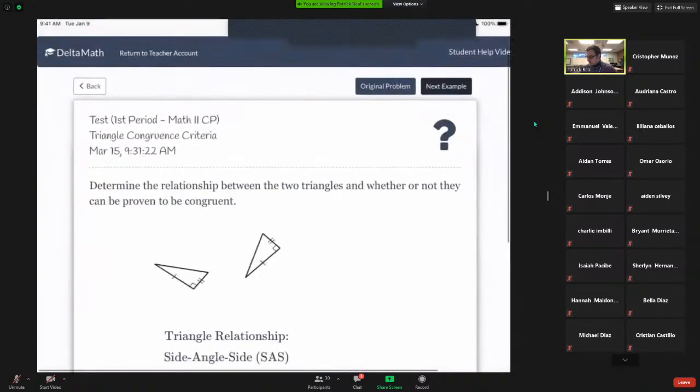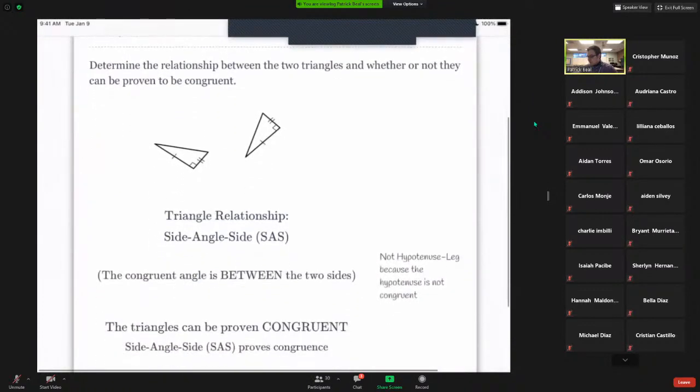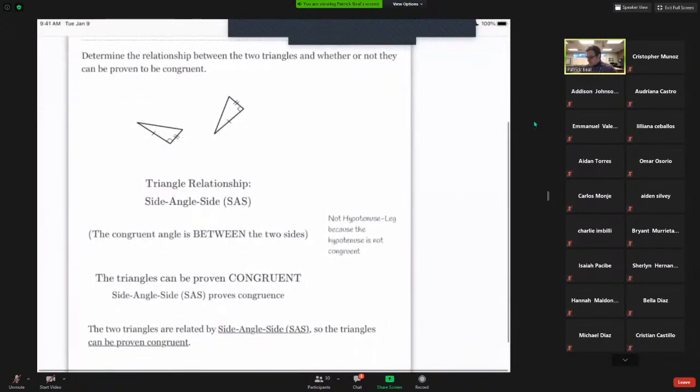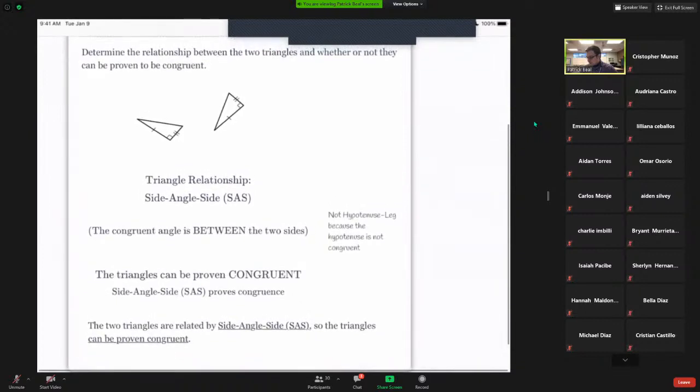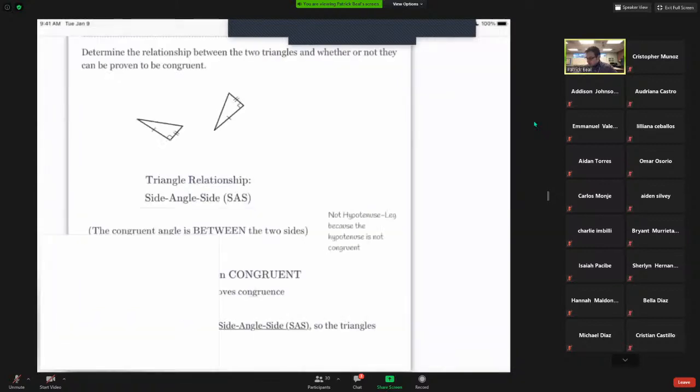If I click Next Example, perfect. Here's an example of SAS.